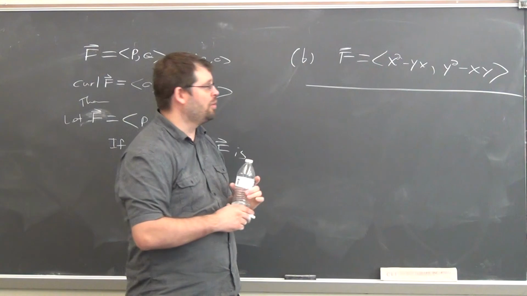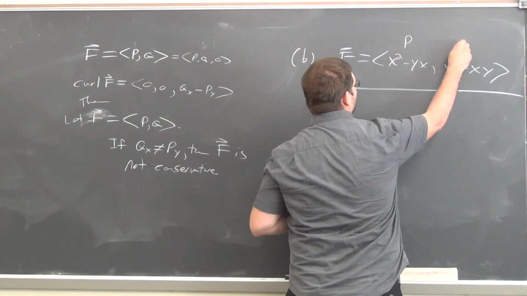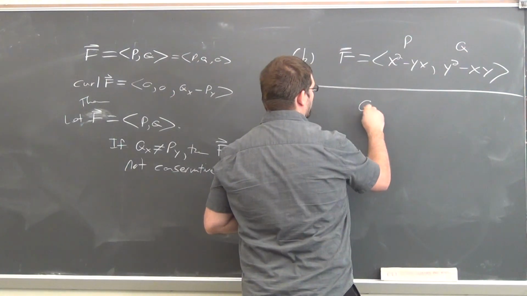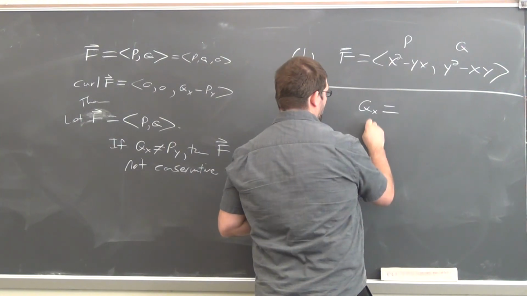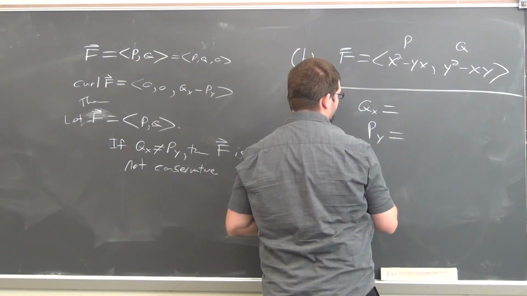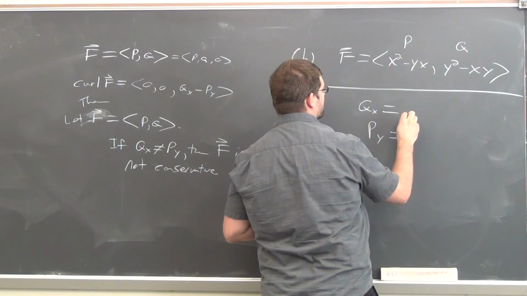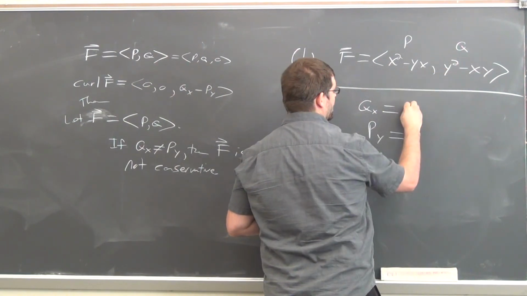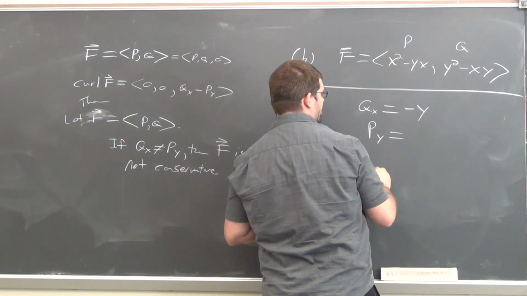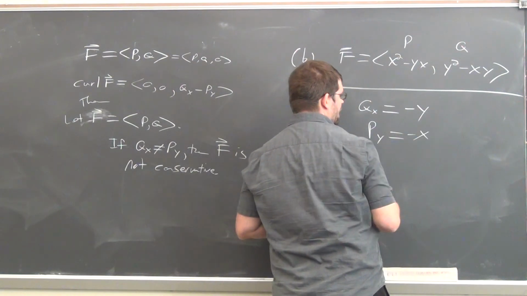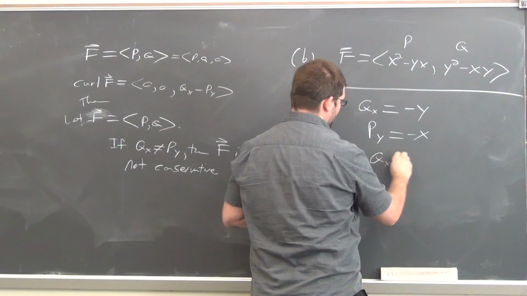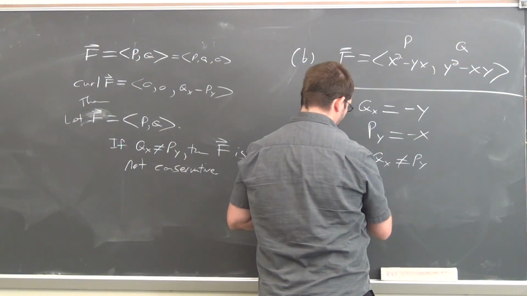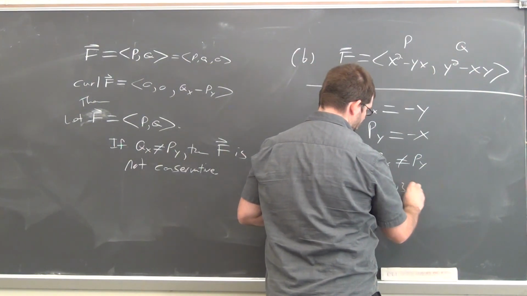That's fine if you want to resort to that. But we're just going to say that's P, that's Q. What's Q sub x? What's P sub y? Negative 1. All right, oh, so Q sub x is negative y, P sub y, negative x, Q sub x, not P sub y. So F is not conservative.